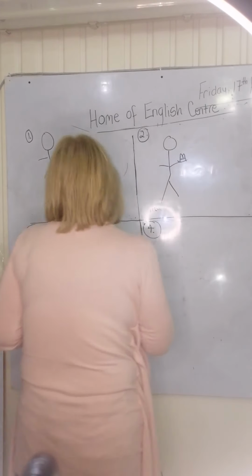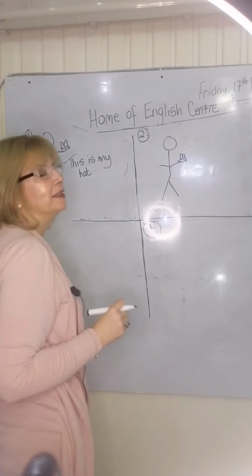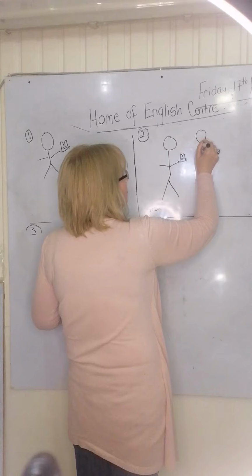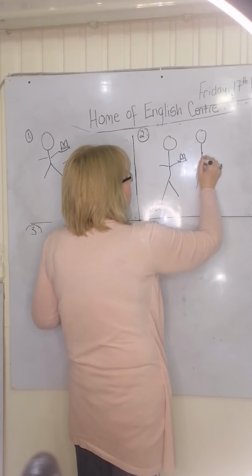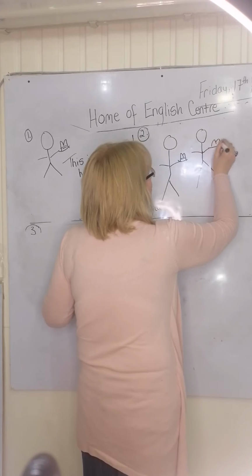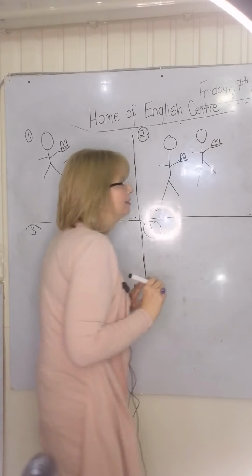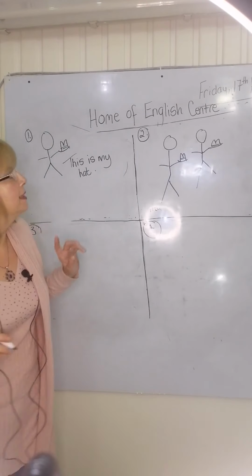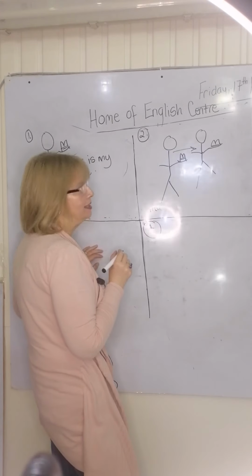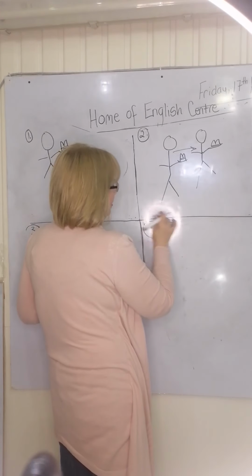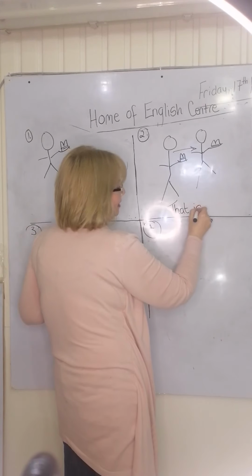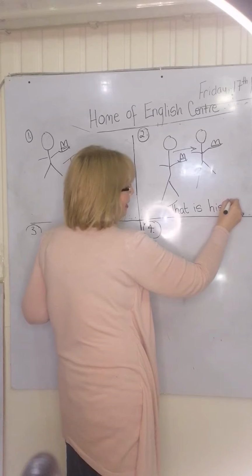So John has his hat. But now John has a friend with him. So his friend also has a hat. So when John is now talking about his friend, that is his hat.